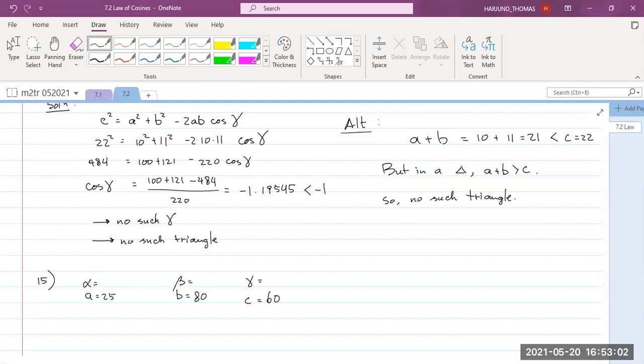You can find angle alpha, angle beta, angle gamma in any order, but the easiest one will be the middle one. Gamma is the middle angle, right? You will see later on that gamma is greater than alpha and gamma is less than beta, right?